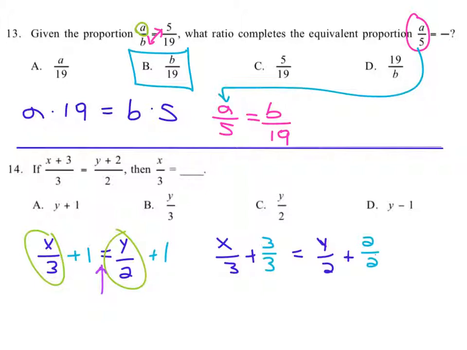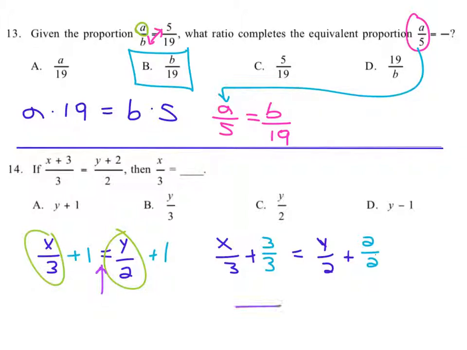We're adding 1 to both sides, that's the light blue here, and then we rewrite the 1 in a fractional form, which isn't a different amount, it just looks different. And now they have the same denominator.